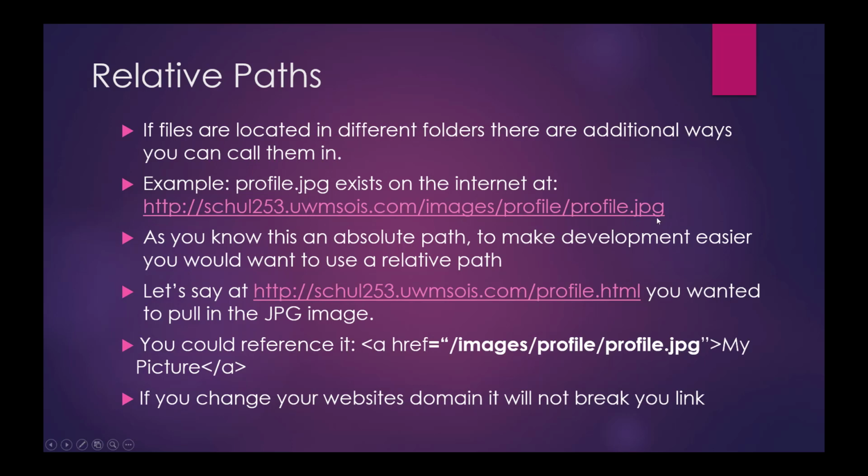Let's say you were on the main part of the uwmso site, and you had a page, profile.html, and you wanted to embed that JPEG image, this profile image. Well, you could use this whole really long URL, or to make it cleaner, you could just say /images/profile/profile.jpg. Because if you don't give it the beginning http://, it's going to assume it's a relative link.